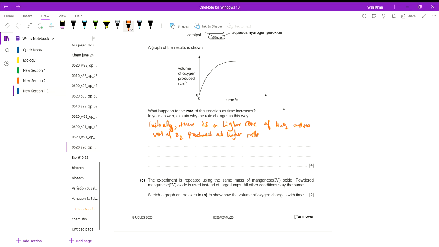Okay. Due to the frequent collisions between reactant molecules and catalyst. Okay.